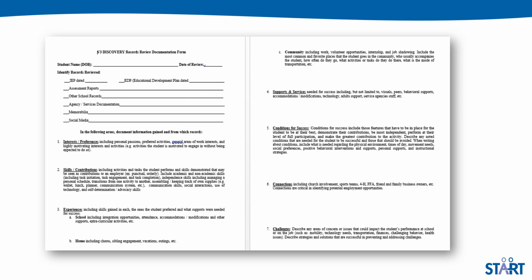Whatever that documentation is that you're reviewing, you can either pull out that 4Cs visual organizer that we talked about at the beginning and just document that information there and use this as a guide, or you can actually kind of tick through the items on this documentation form to gather that information.